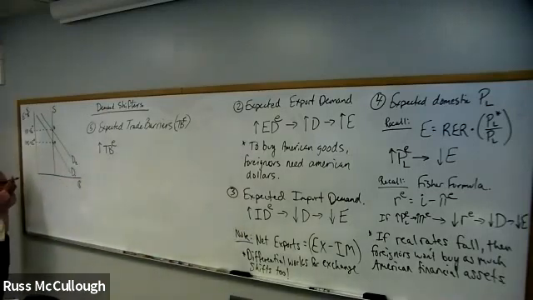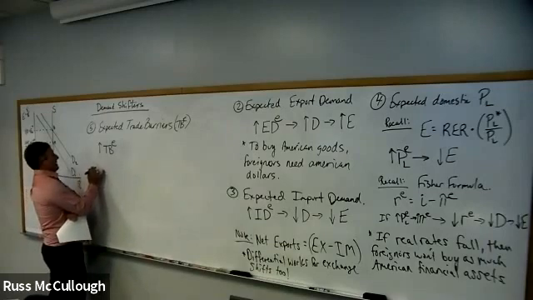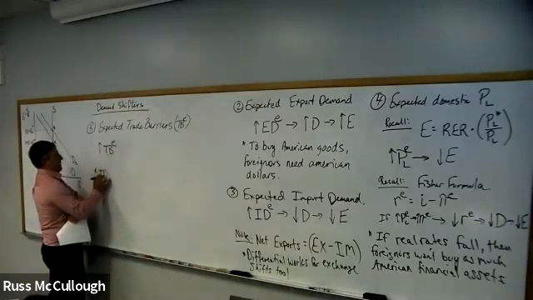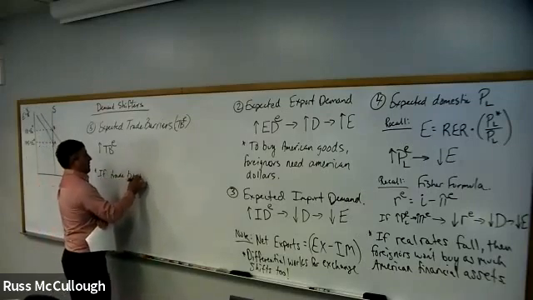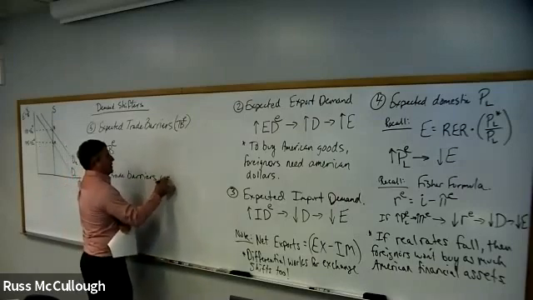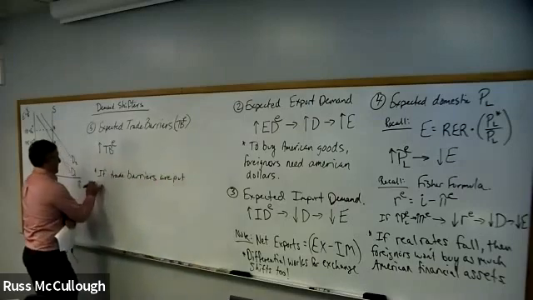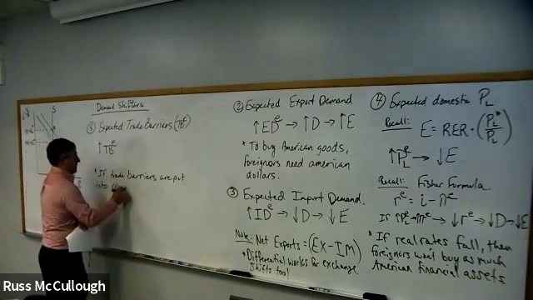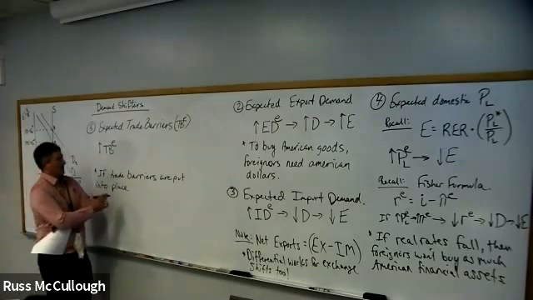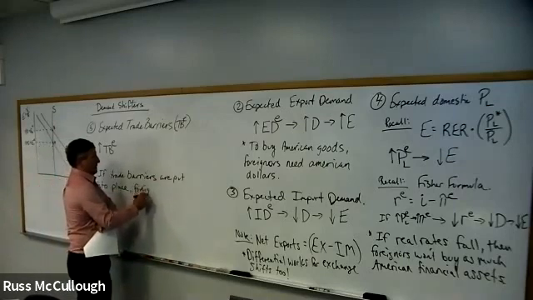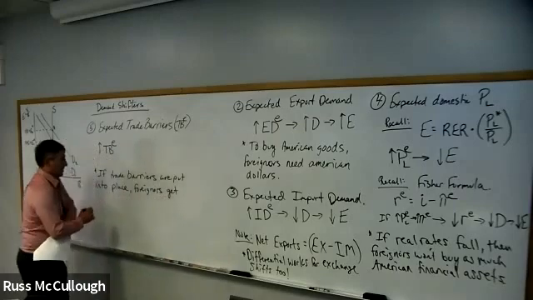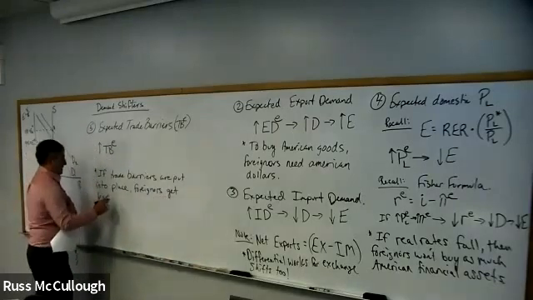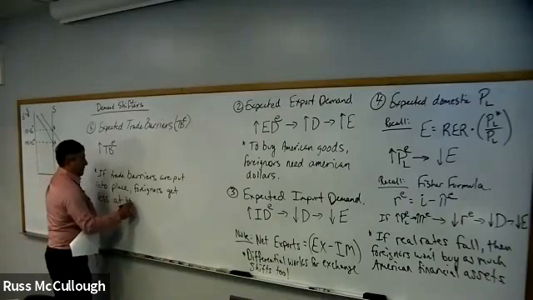So let's write that out here. If trade barriers are put into place, foreigners get less at the border.